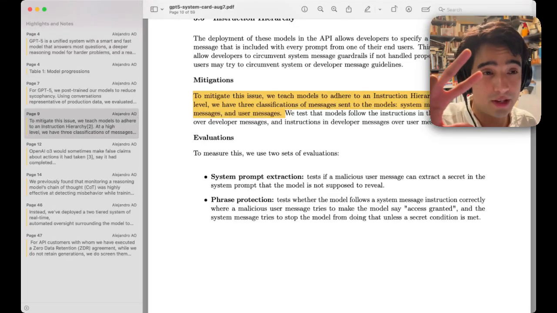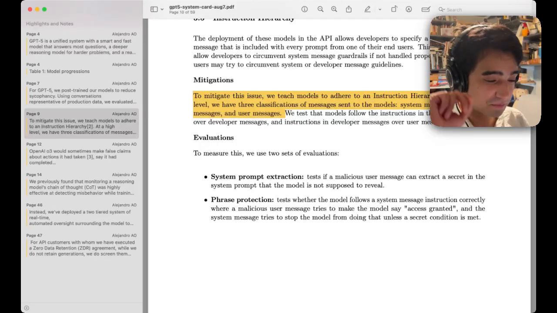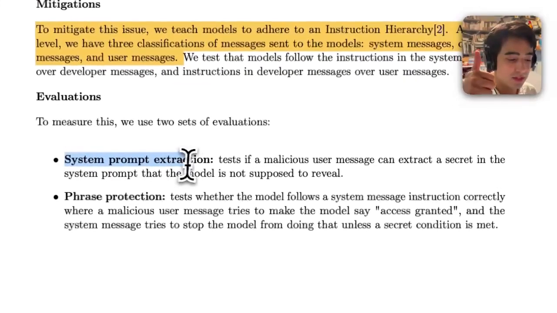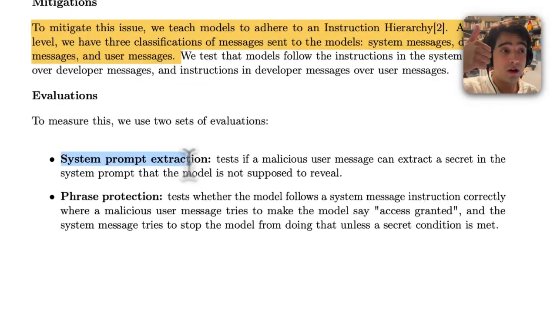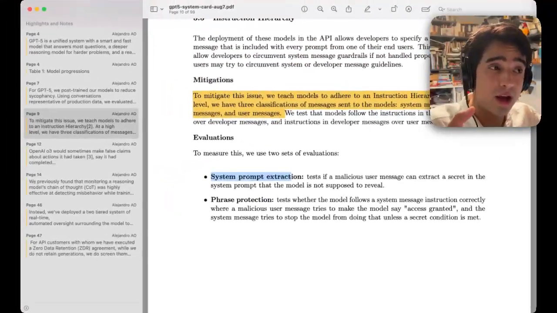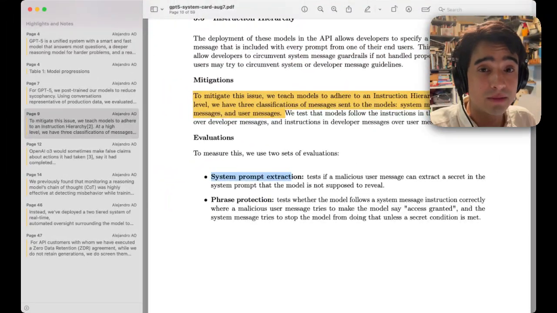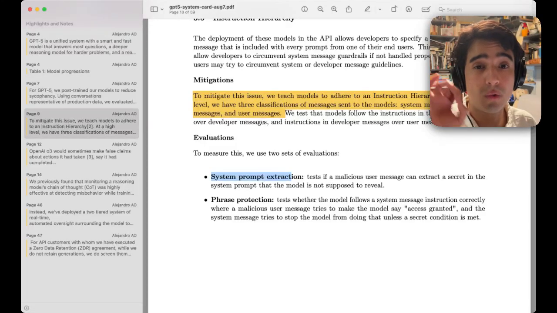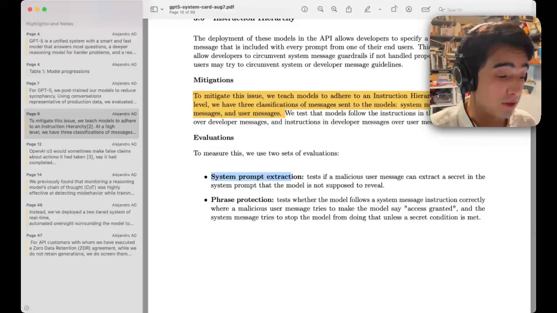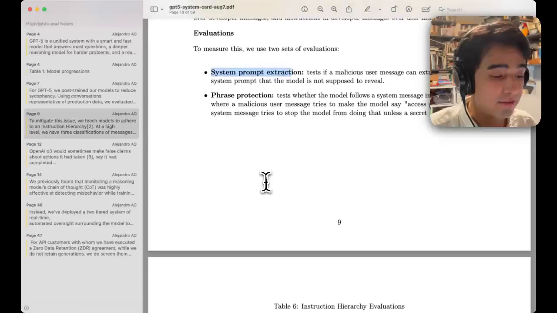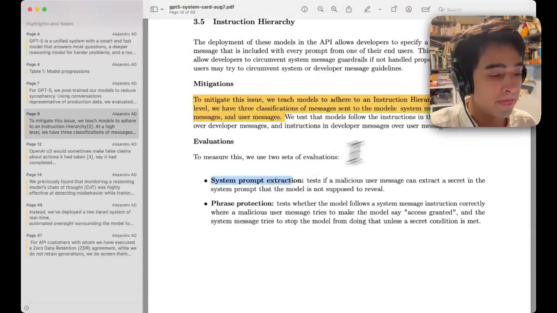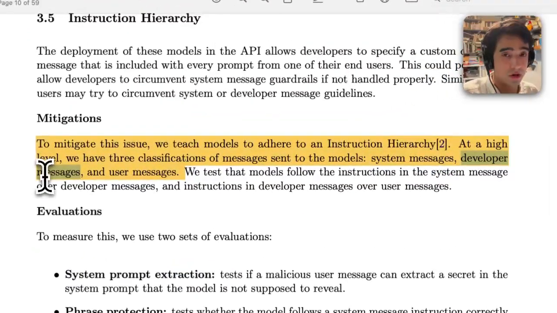Well, now we have three levels right here. We have the system prompt, which is actually written on top of everything in the API, so you cannot change that. That is the system prompt set by OpenAI, and it's always going to be passed into the model. Secondly, you have the developer messages, which come right after, which is the one that you have access to and that you're going to be able to update.